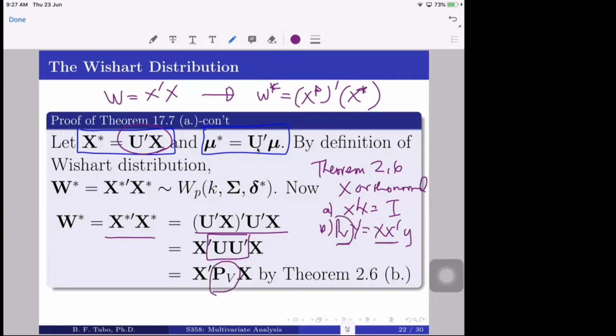Are you following? And then C is the square norm of the projection of Y onto V, which is just equal to the square norm of X prime Y. Okay.